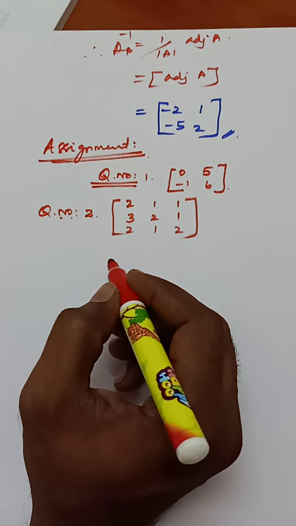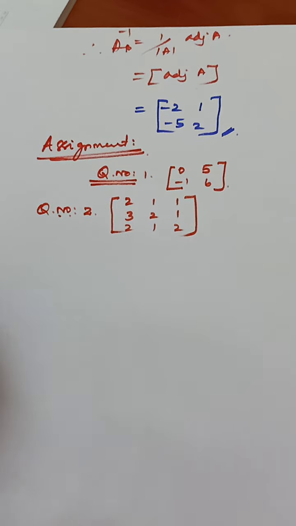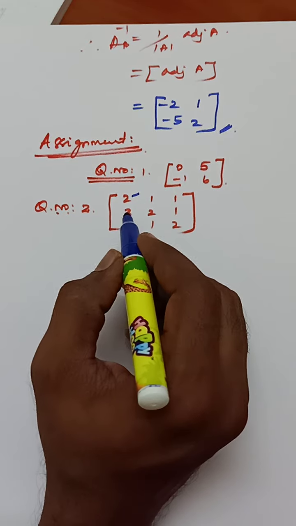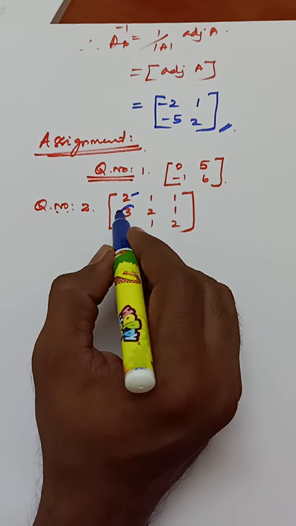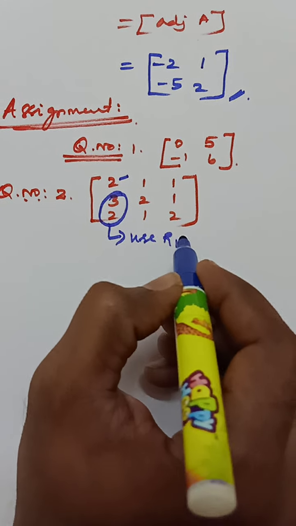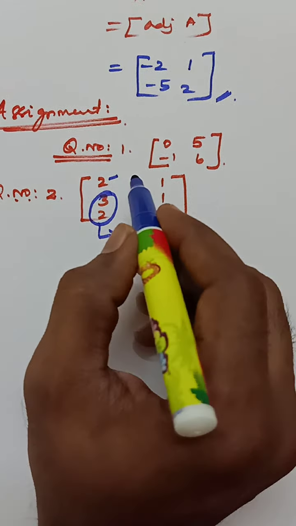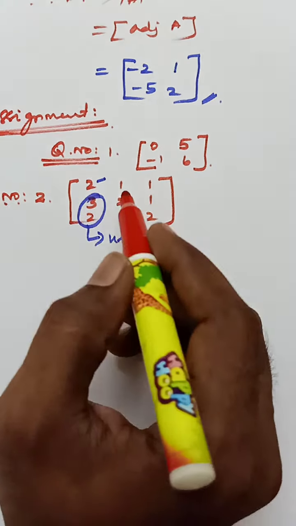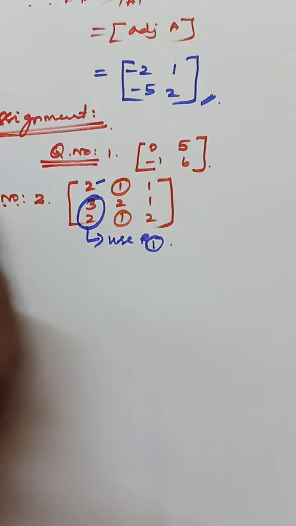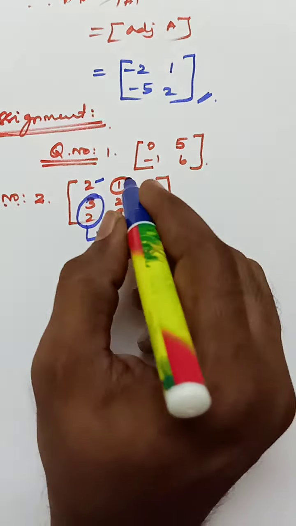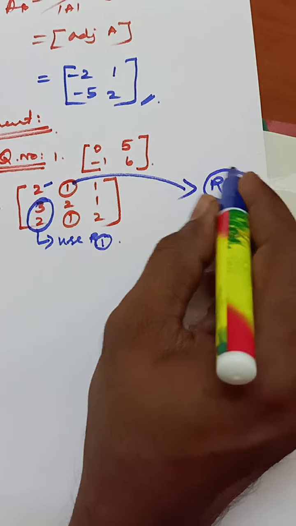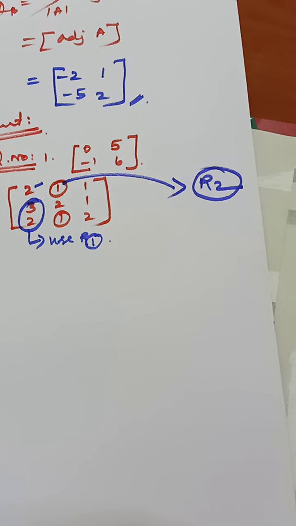What you have to do is, first make this number 1, step 1, and for these two places you have to use R1. After completing these two, use R2. Step 2: these two use R2.